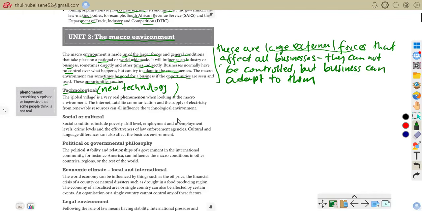Advances in technology can improve production and communication.